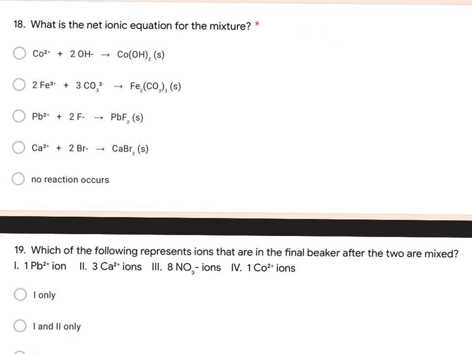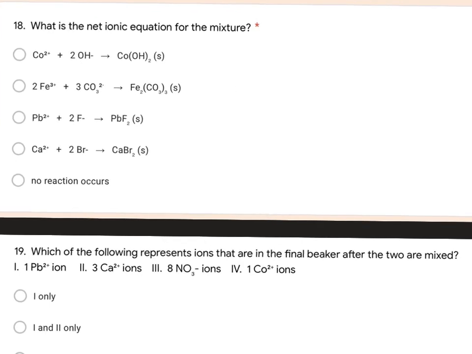All right. And the net ionic equation is just taking which ions actually did stuff. Which ions actually did stuff in this reaction? Well, the cobalt ion and the hydroxide ion, there's 2 of them, they produce the cobalt hydroxide compound, which was a solid.